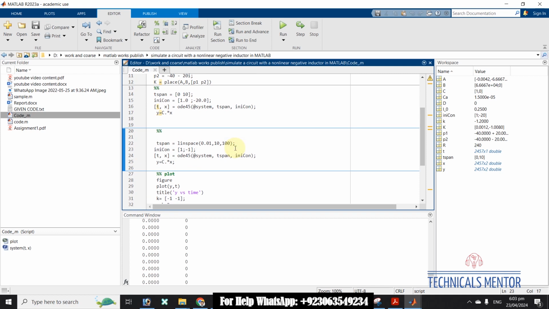Next, we plot the results. Finally, we plot the output across the capacitor and the control input over time to visually assess system behavior.